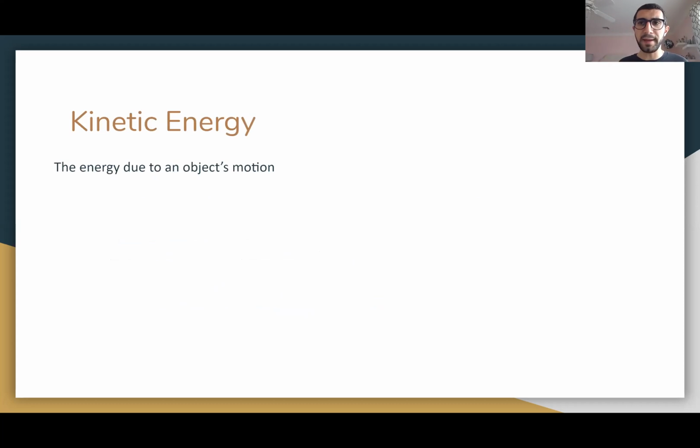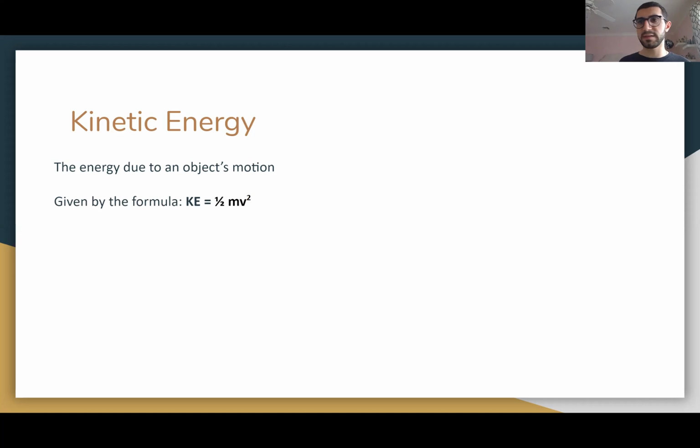In order to do that, we have to study kinetic energy. Kinetic energy is the energy of an object due to its motion. We will be studying kinetic energy a lot more. That is our next unit. But for right now, the only thing you need to know about kinetic energy is that it is given by the formula 1/2 mv squared.